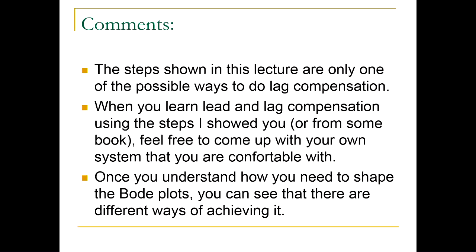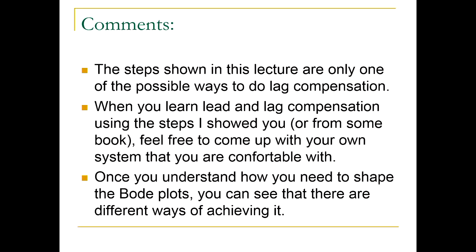When you understand really all the steps that we went through in these two examples, feel free to come up with your own. I mean, you can say, well, this seems to be an easier way, shortcut or whatever. Don't worry about the exact mathematical formulas, as long as in the end you obtain what we asked you to obtain.